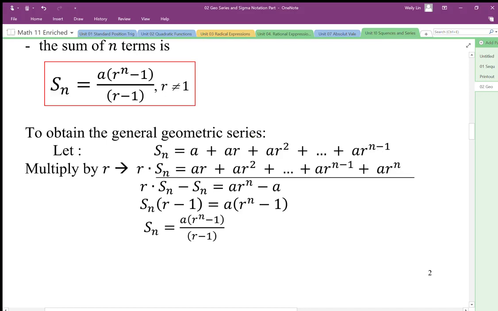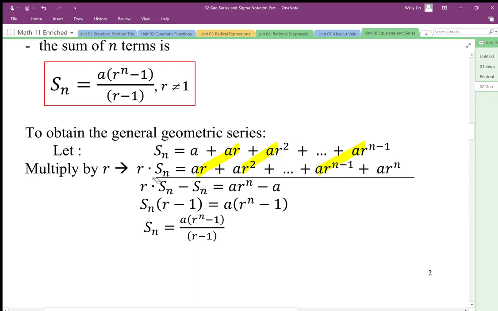And so if we take a look, there are some matching terms here. And in fact all the terms inside match. If we subtract these expressions, so I take the bottom line and I subtract the top line, everything cancels out except for these two terms. So that's what we've done here.